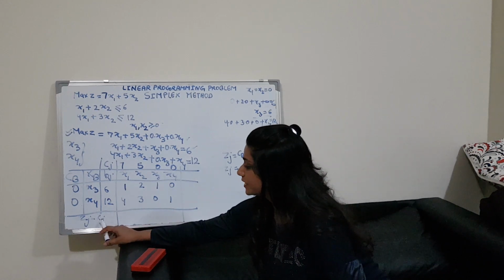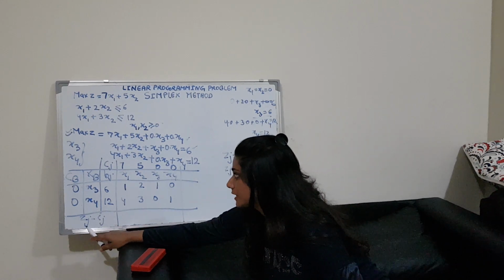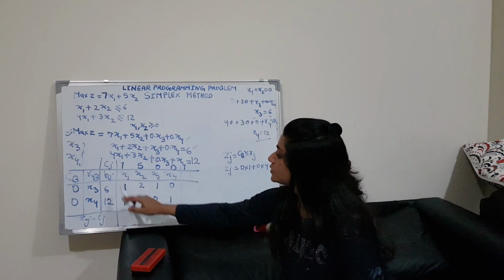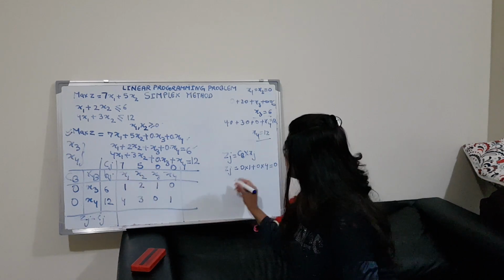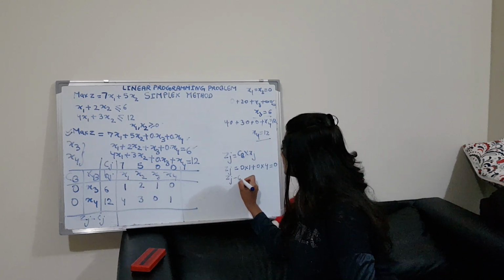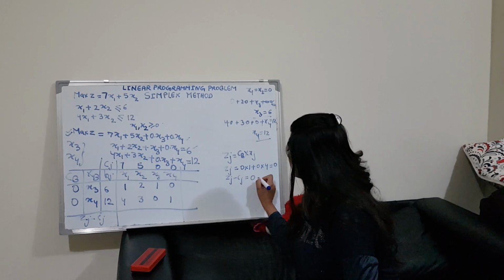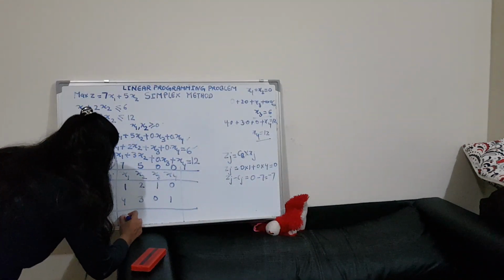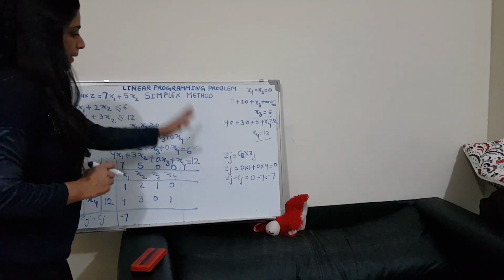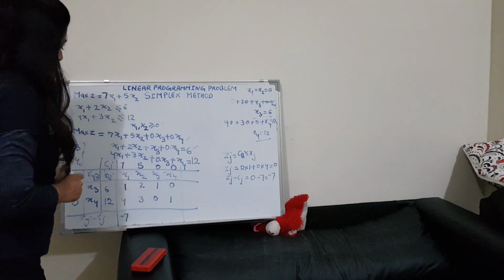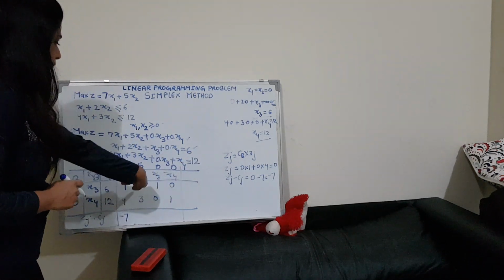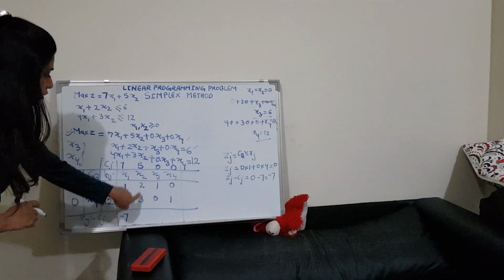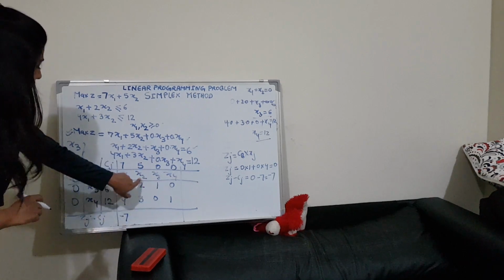Now we will subtract Cj from Zj. So for first column Cj value is 7. So Zj minus Cj is equal to 0 minus 7, which is minus 7. By this formula we will find out all columns value. For second column, now I am doing directly.